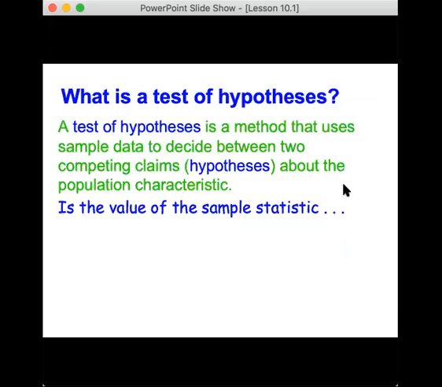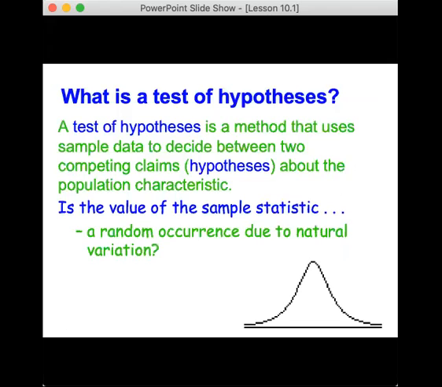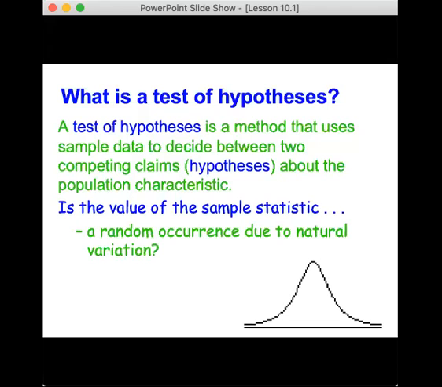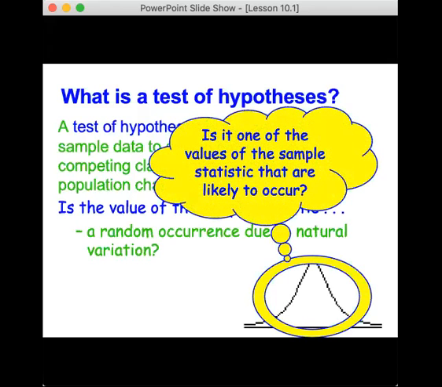All right, so let me give you an idea of how we're going to do that. A test of hypotheses is a method that uses sample data to decide between 2 hypotheses, always 2. Basically it's asking, if I grab a random sample, is that sample towards the middle, pretty normal, where I'm not questioning the claim because it seems reasonable?